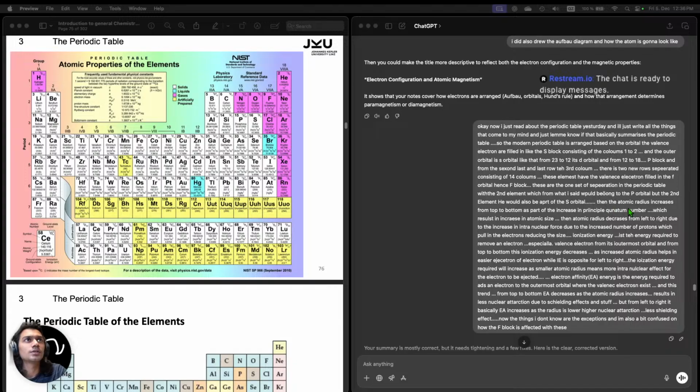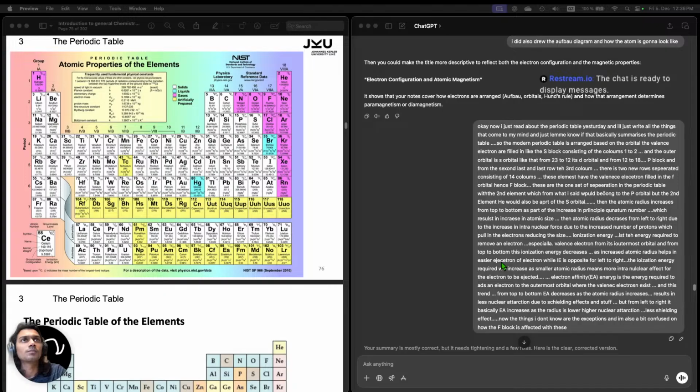Then the atomic radius increases from top to bottom as part of the increase in principal quantum number, which results in an increase in atomic size. Then the atomic radius decreases from left to right due to the increase in nuclear force from the increased number of protons, which pull the electrons, reducing size. Ionization energy is the energy required to remove an electron, especially a valence electron, from its outermost orbital.